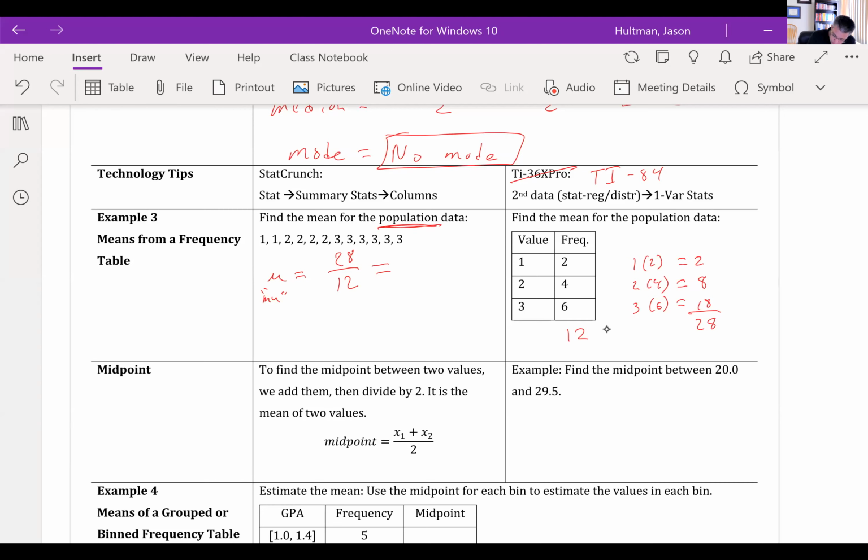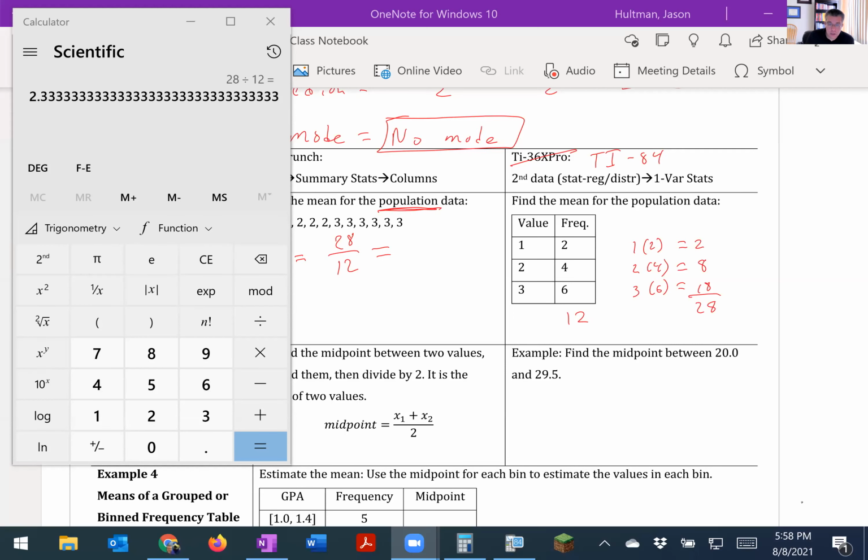Okay, which is equal to what? 28 divided by 12. Okay. So let me try the stop share one more time. Let's share my screen here. There we go. There's my calculator.